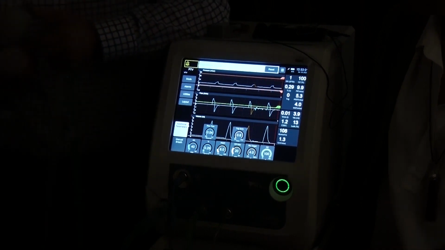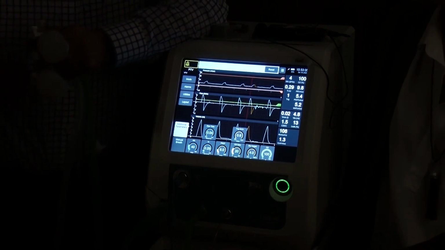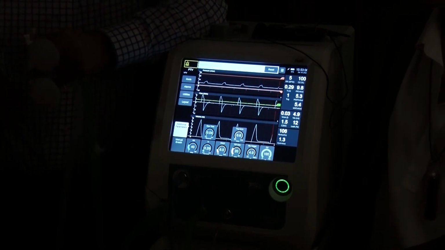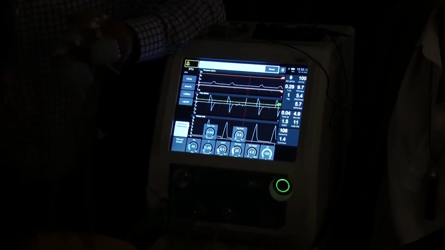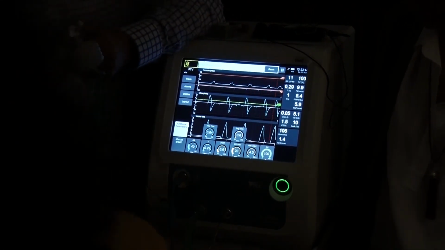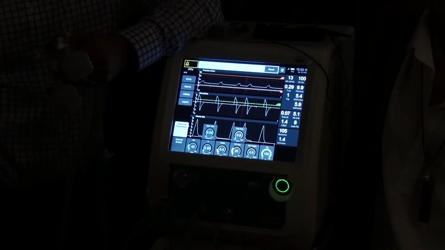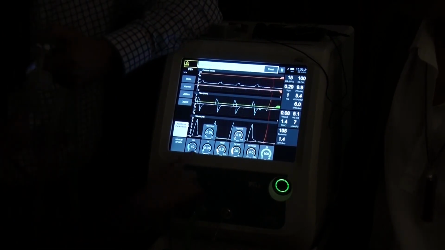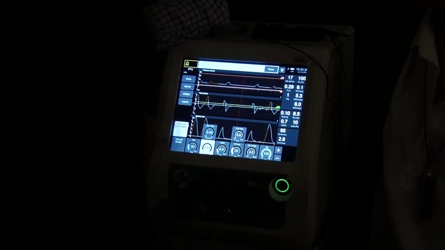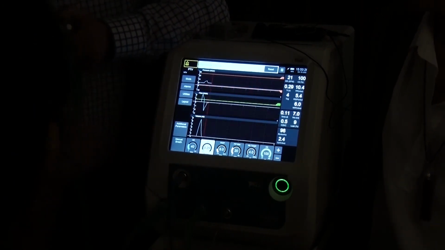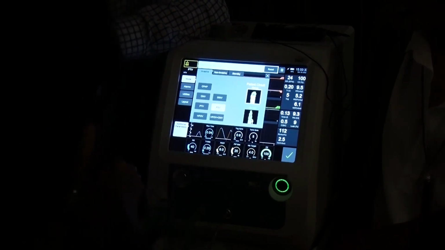So you want to synchronize every breath, don't you? Is that different from SIMV? What's different? In both of them, the SV is the one, the PSV. So we're not going to use that one yet.